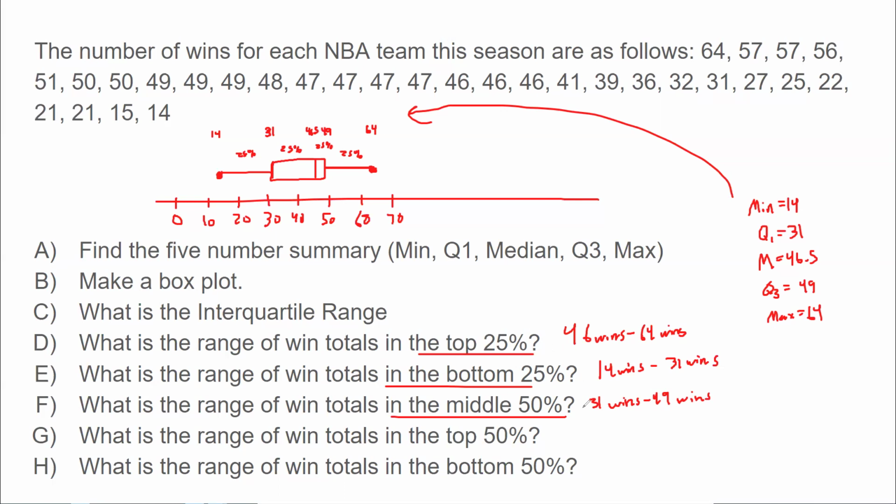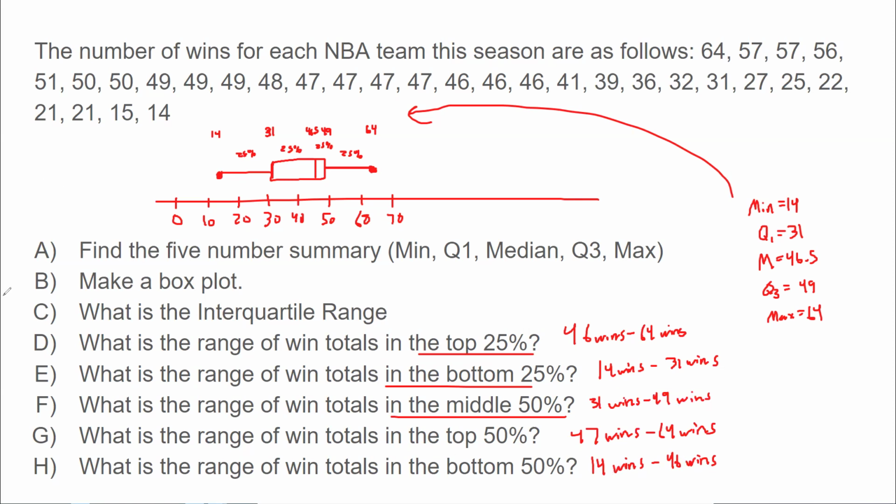So 47 to 64. 47 wins to 64 wins. And then the bottom 50% is going to be from 14 to 46.5. So 14 to 46. 14 wins to 46 wins, right? You can't have 46.5 wins, so we got to either go up or down.